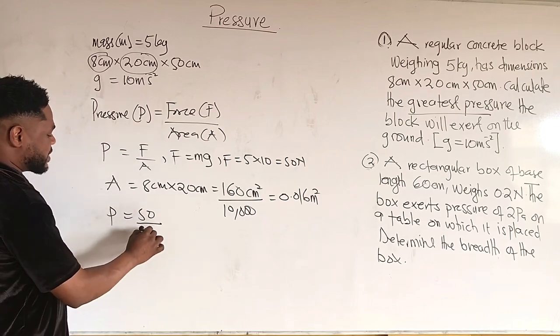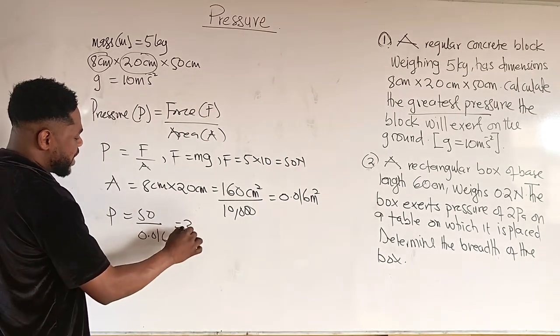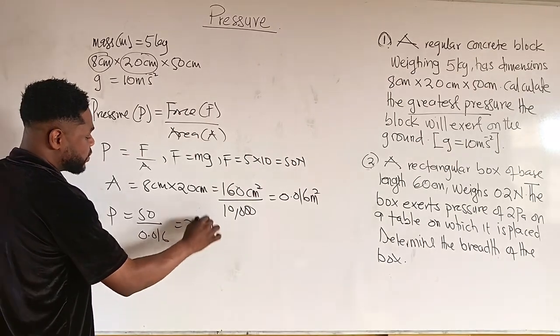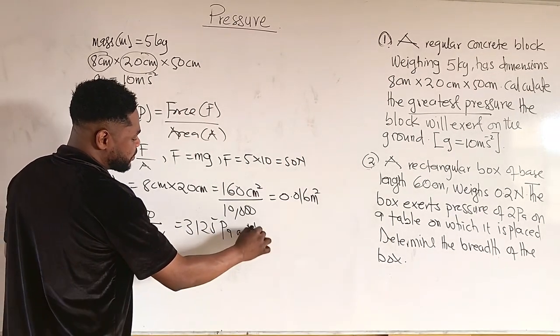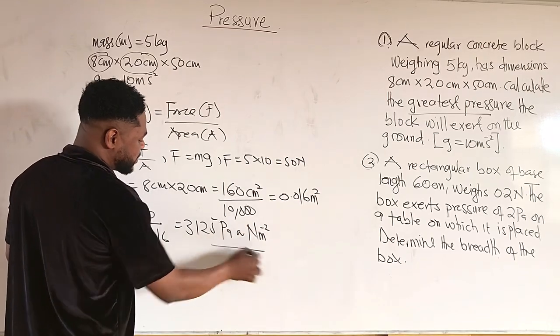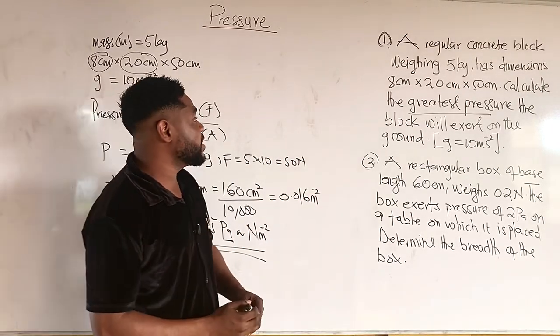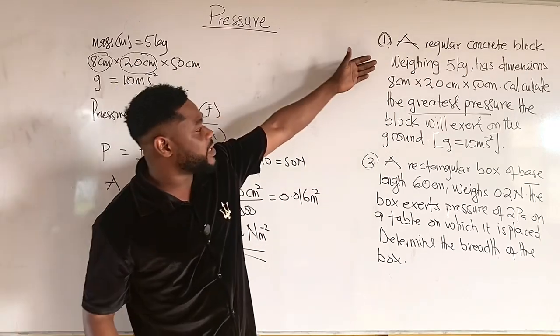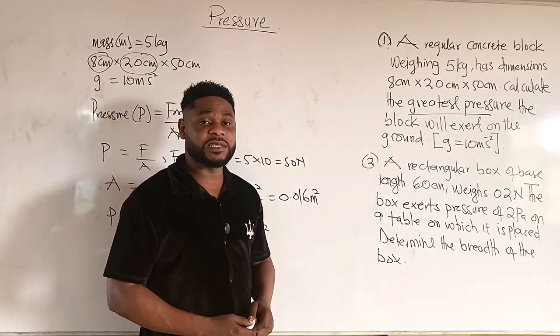Our area is 0.016. So when we divide, we are going to have 3125 Pascal, or we can use Newton per meter square also, but we prefer Pascal because it's a standard unit. So this is how we can answer question number 1. Try question number 2 and put your answer in the comment section. Thank you.